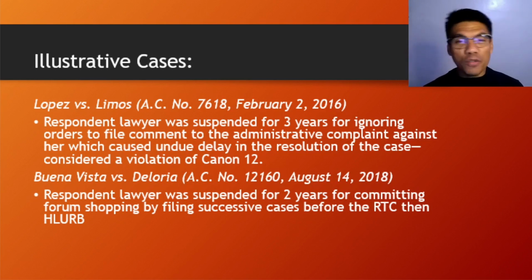And because of that, the court had to refer it to the IBP so that the Integrated Bar of the Philippines could conduct further investigation. And again, she did not cooperate or participate in the proceedings before the IBP.